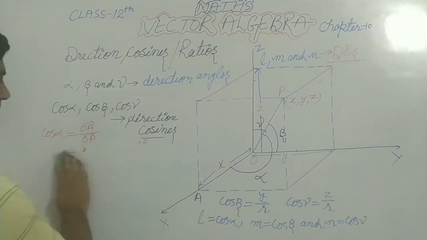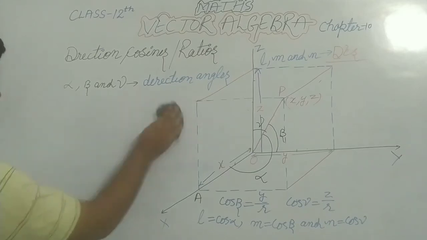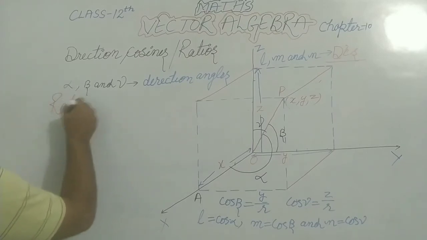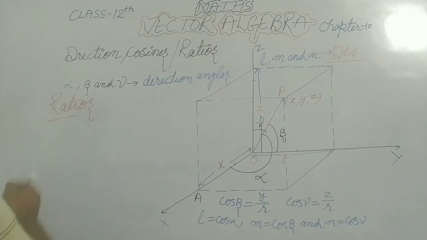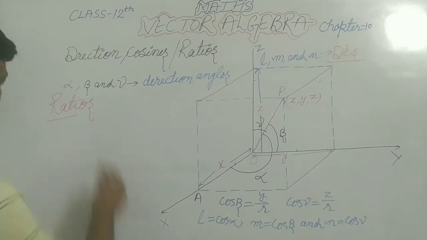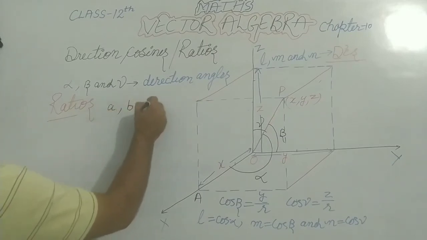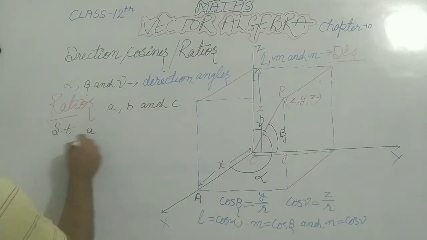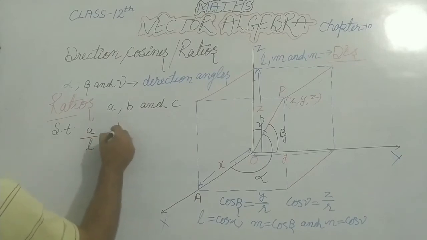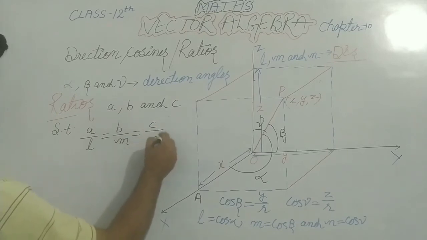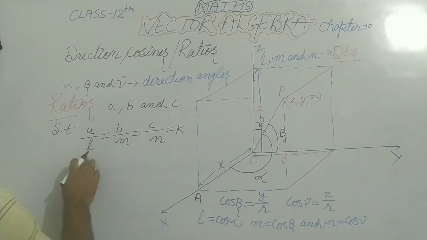If we take three numbers A, B and C such that these numbers are proportional to the direction cosines, then those numbers are known as direction ratios.